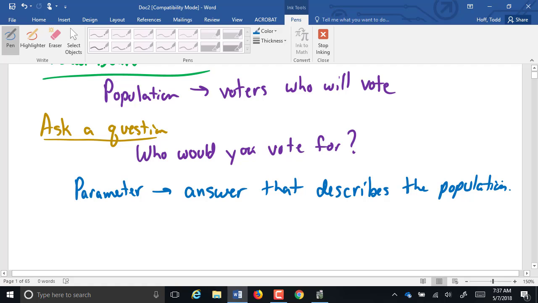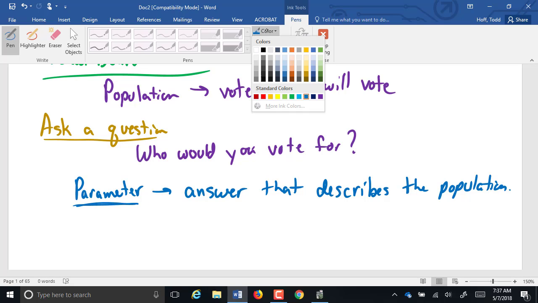So again, let's say that after the election, you count the votes and 57% of voters voted for candidate A. That would be a parameter because that describes the whole population.